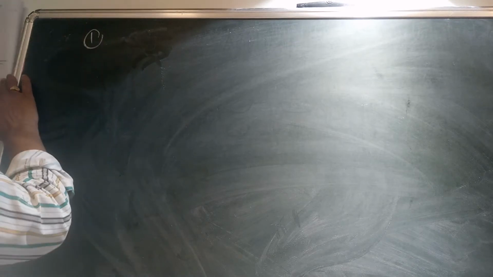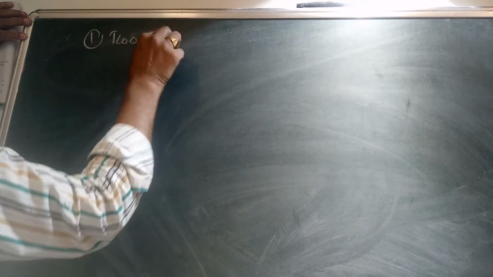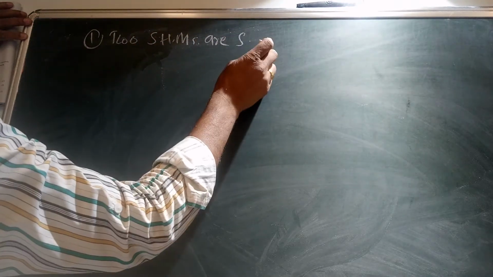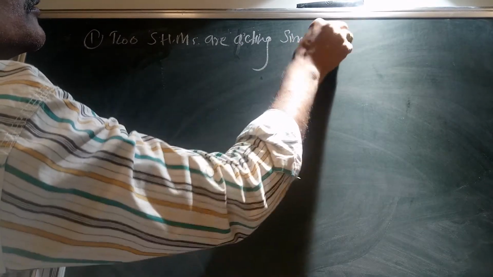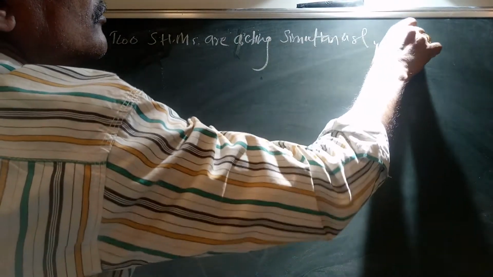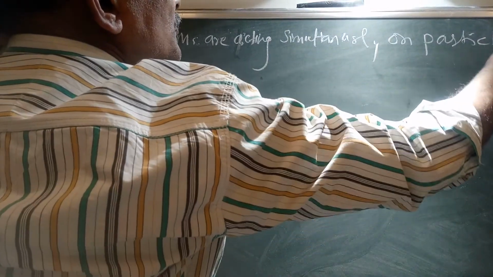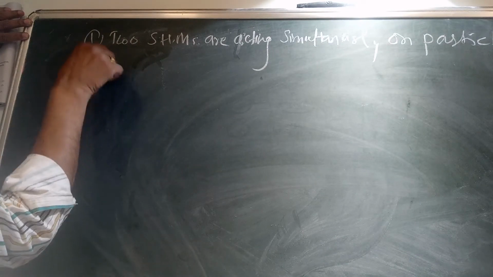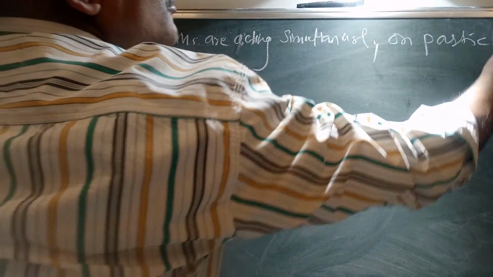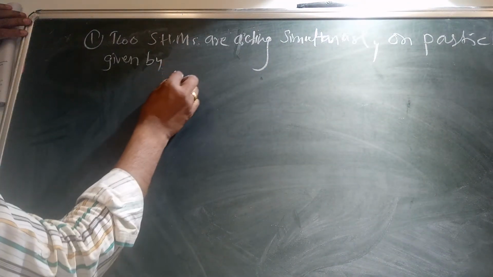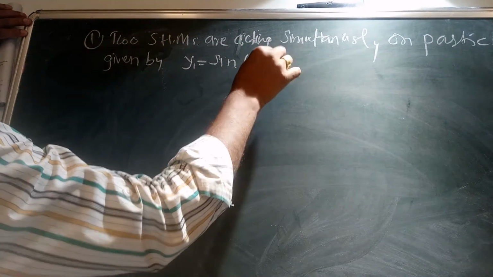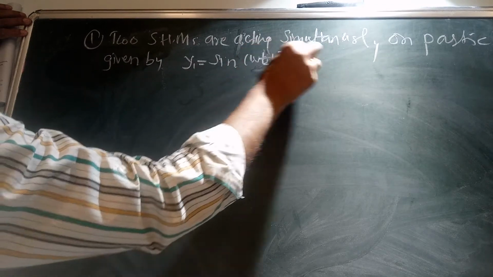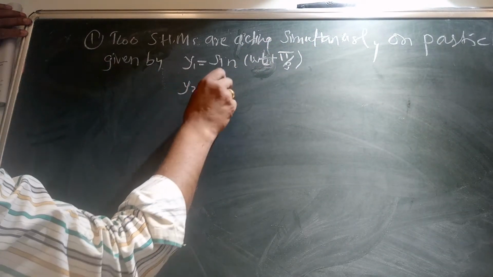First example: two S.H.Ms acting simultaneously on a particle are given by y1 is equal to sine of omega t plus pi by 3, and y2 is equal to 2 sine omega t.